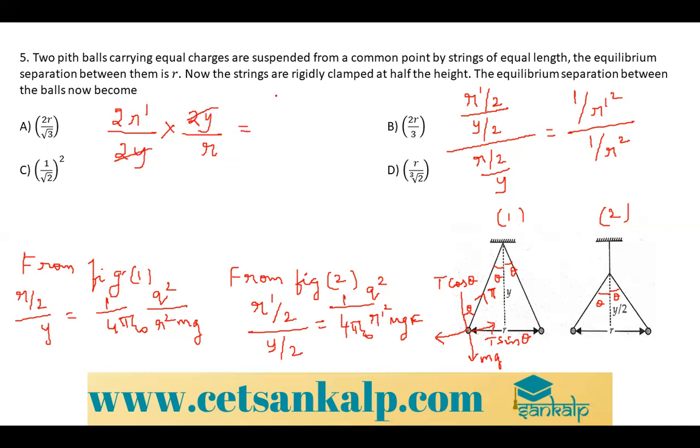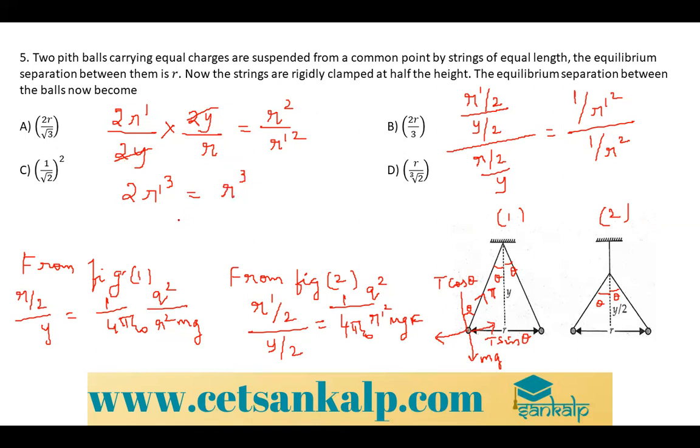That is equal to r square divided by r dash square. Cross multiply: 2r dash cube is equal to r cube.